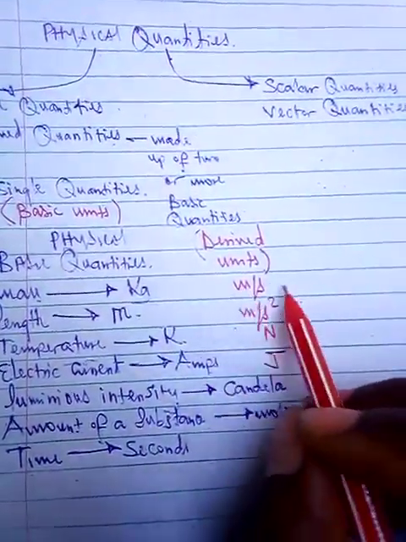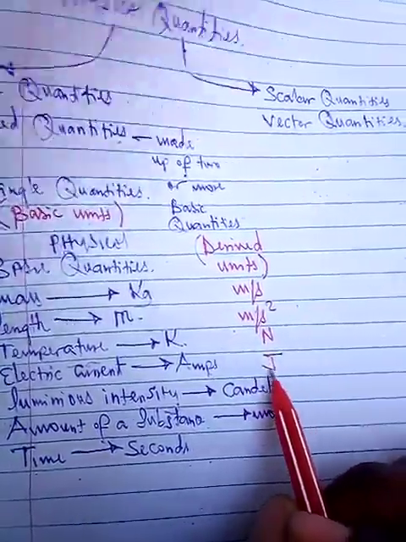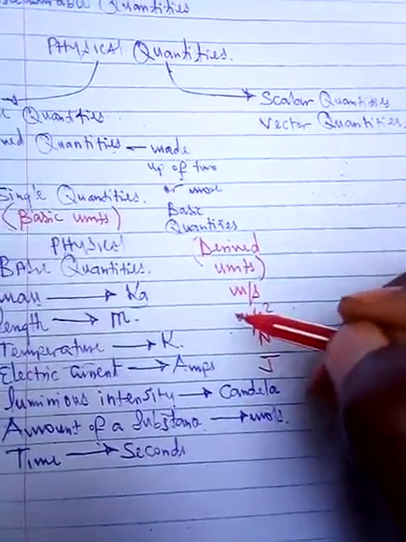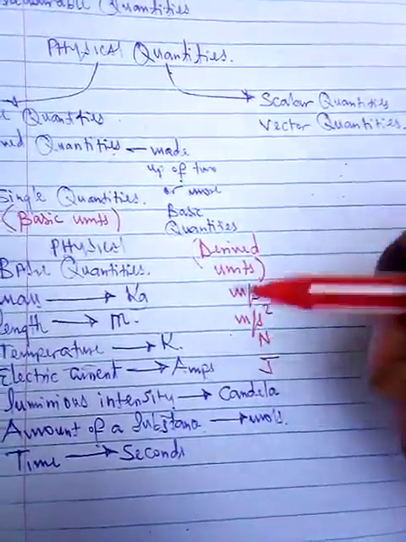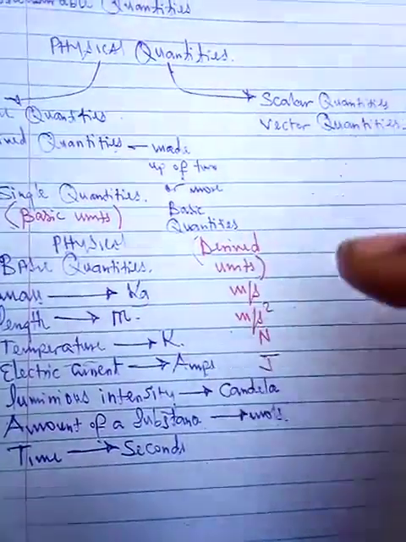So the meter per second squared, the Newton, the joule, all these are examples of what I'm referring to as derived units. What are the derived quantities which we apply these units on?